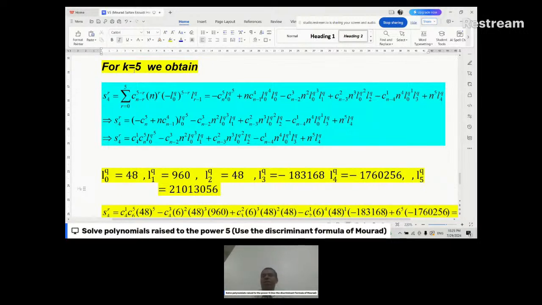When putting k equal 5 in the discriminant formula, you will get the last one, which is S4 of order R equal combination 4 choose 1 times combination n choose 5, L0 of order q raised to the power 5, minus combination n minus 2 choose 3, n squared, n cubed, L0 of order q cubed times L1, plus combination n minus 2 choose n minus 3 choose 2.